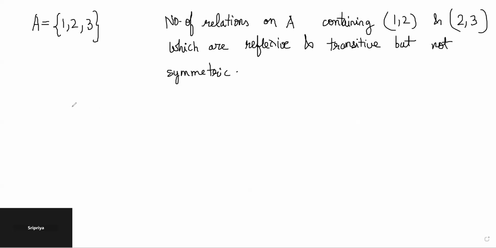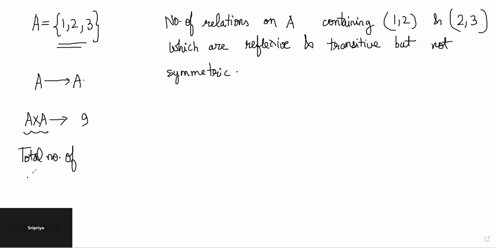Okay, so first of all, the relations are from set A to set A, and set A has three elements. So how many elements are there in the Cartesian product? There are 9. So the total number of relations could be 2 power 9, or 512 maximum, right?